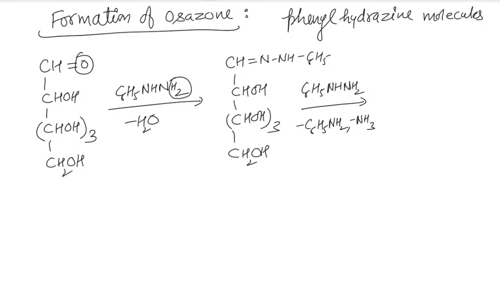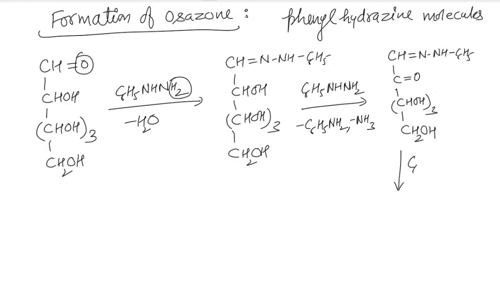The C6H5NH2 and NH3 are removed. Okay, osazone, beta. When the second molecule is involved in oxidation of the secondary alcohol into ketone, and then we get the next molecule, water is removed.